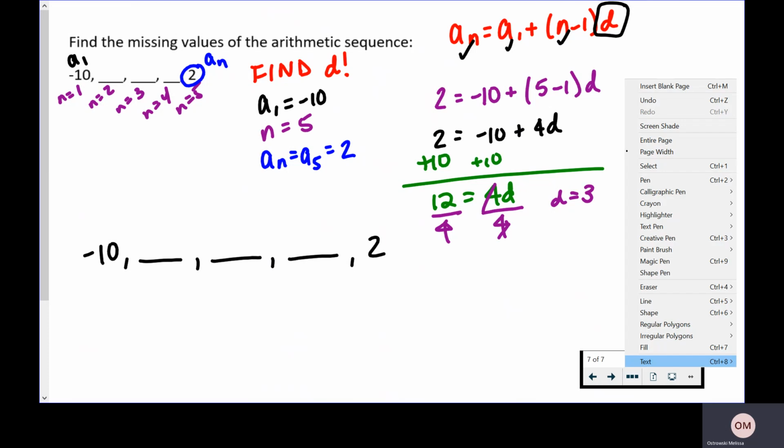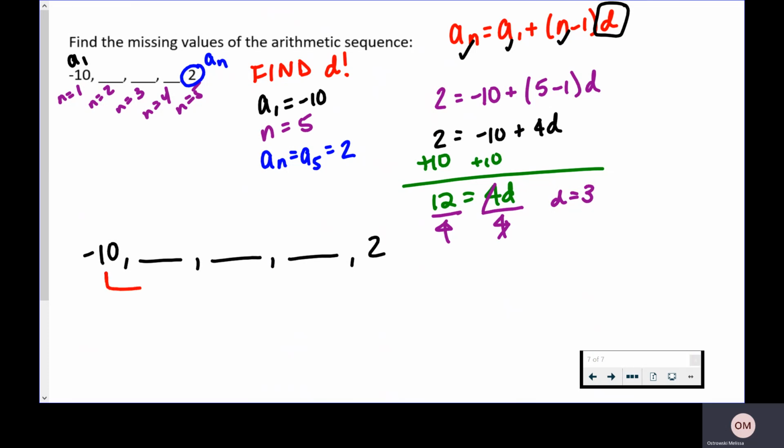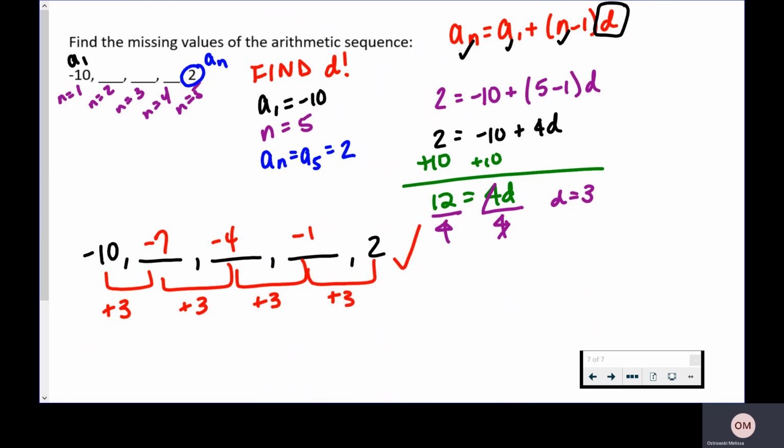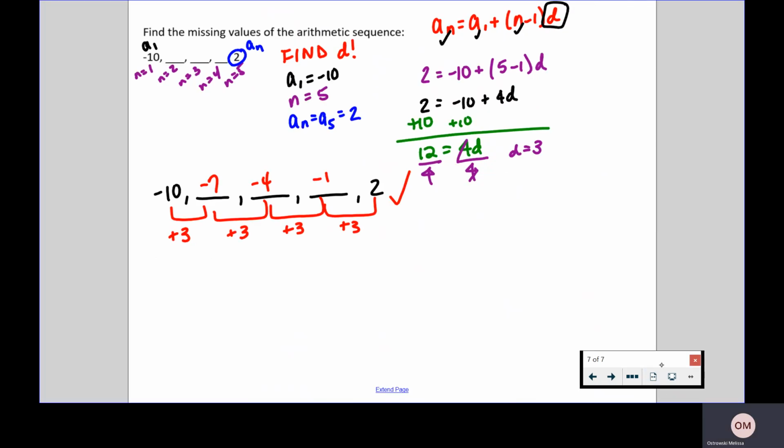I'm just going to add d over and over, right? I know d is 3. Negative 10 plus 3 is negative 7, plus 3 is negative 4, plus 3 is negative 1, plus 3 is 2. We did it. Good. All right.